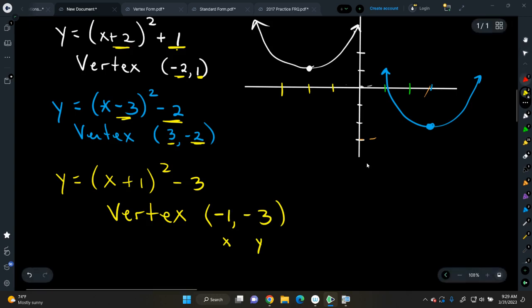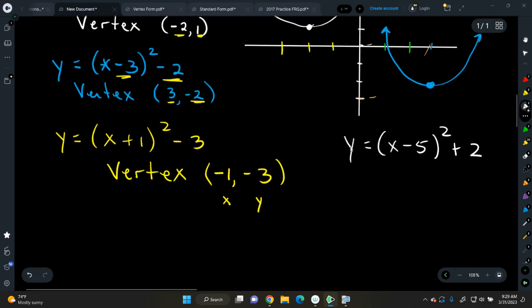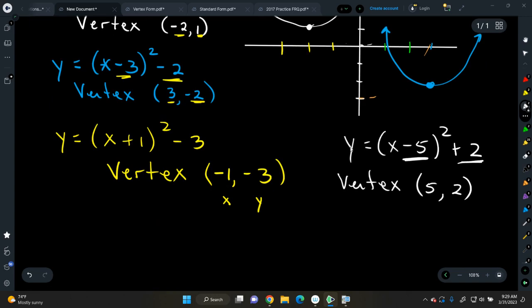Right? Look at this equation here. Y equals (x minus 5) squared plus 2. The vertex will be, we're going to take the opposite of that, so it's 5, and we leave that alone, 2. 5, 2. Okay?